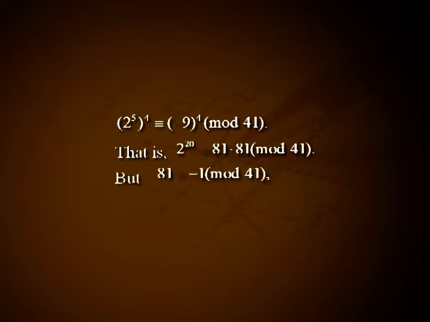But 81 ≡ -1 mod 41, and so 81·81 ≡ 1 mod 41. Using parts B and E of Theorem 2, we finally arrive at 2^20 - 1 ≡ 81·81 - 1 ≡ 1 - 1 ≡ 0 mod 41. Thus, 41 divides 2^20 - 1 as desired.